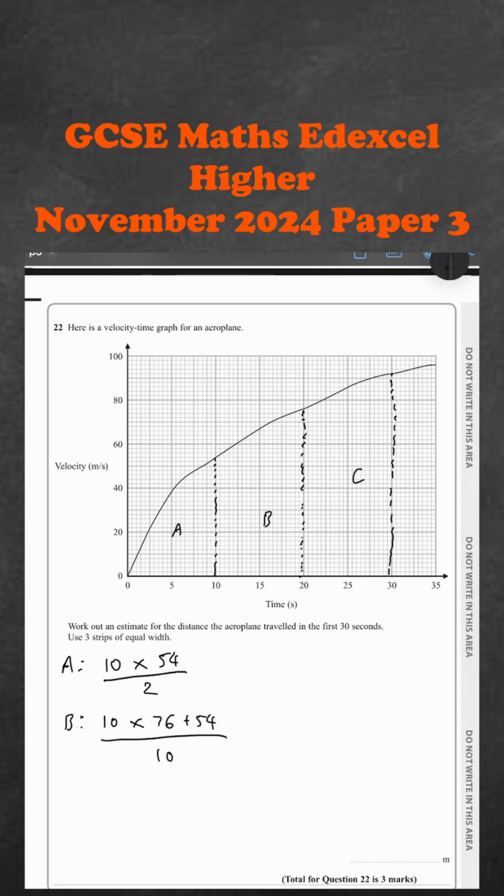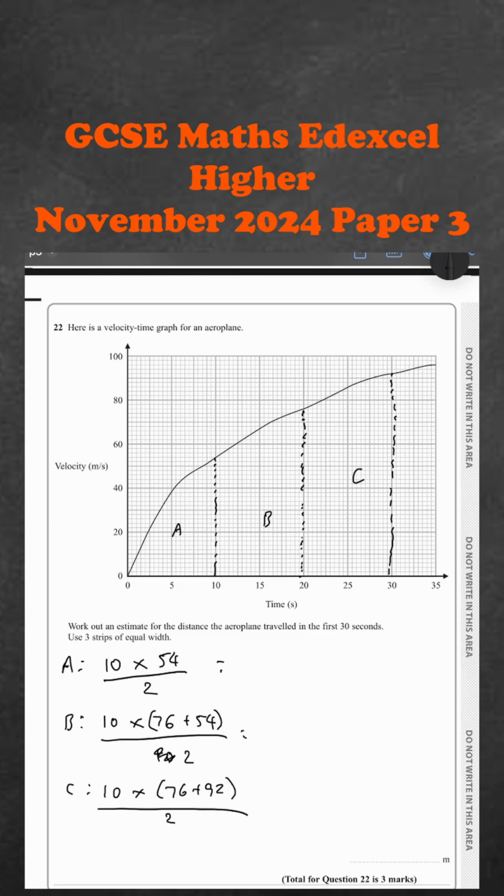I better put my brackets in correctly here. And then over 2 even, sorry. And then for C, it's going to be what is that? 92. So 10 times 76 plus 92 over 2.